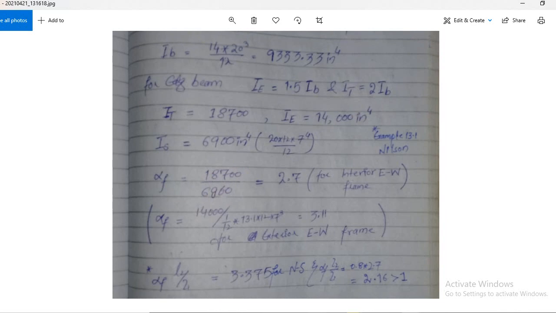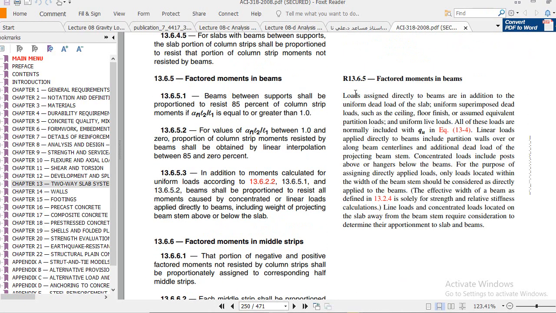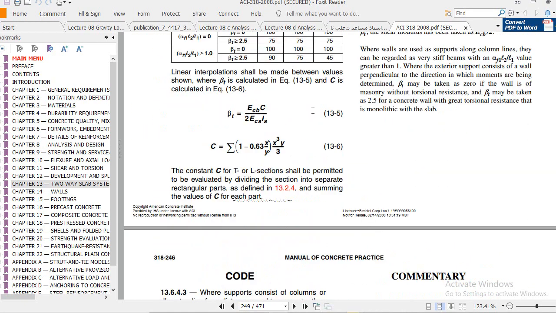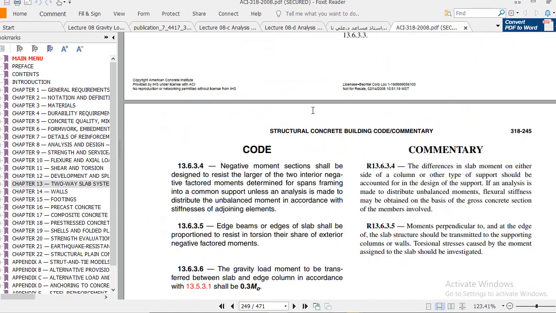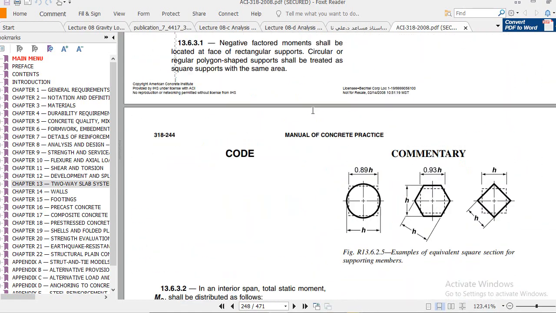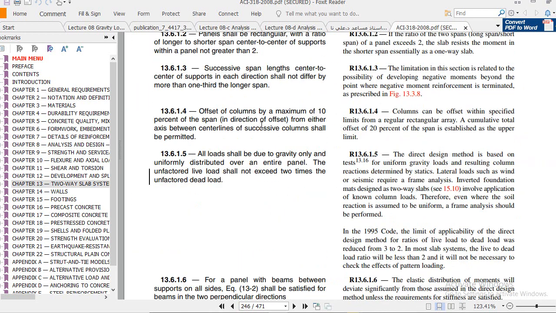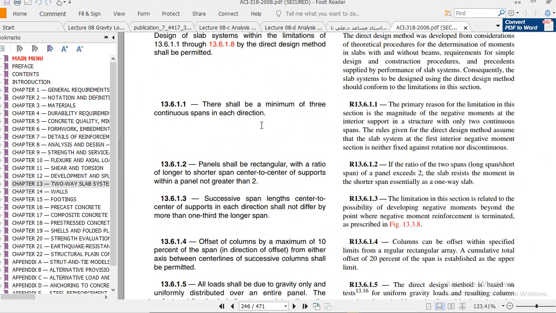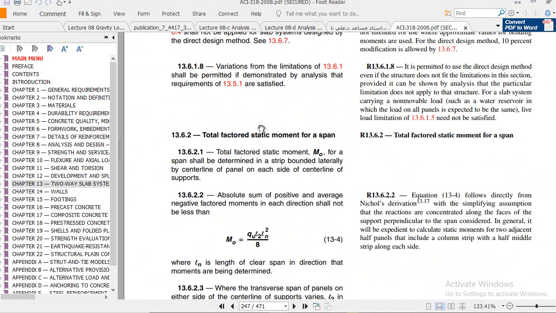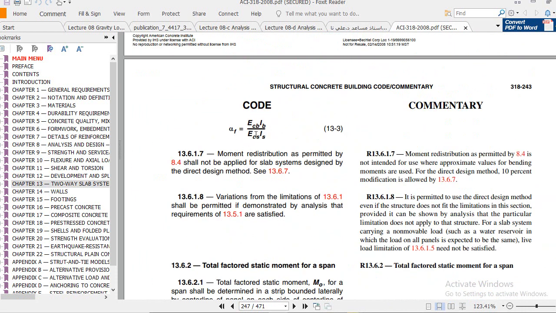I already explained it, and here you can also see what the alpha factor is. ECB and ECS are constant, so it is IB divided by IS.